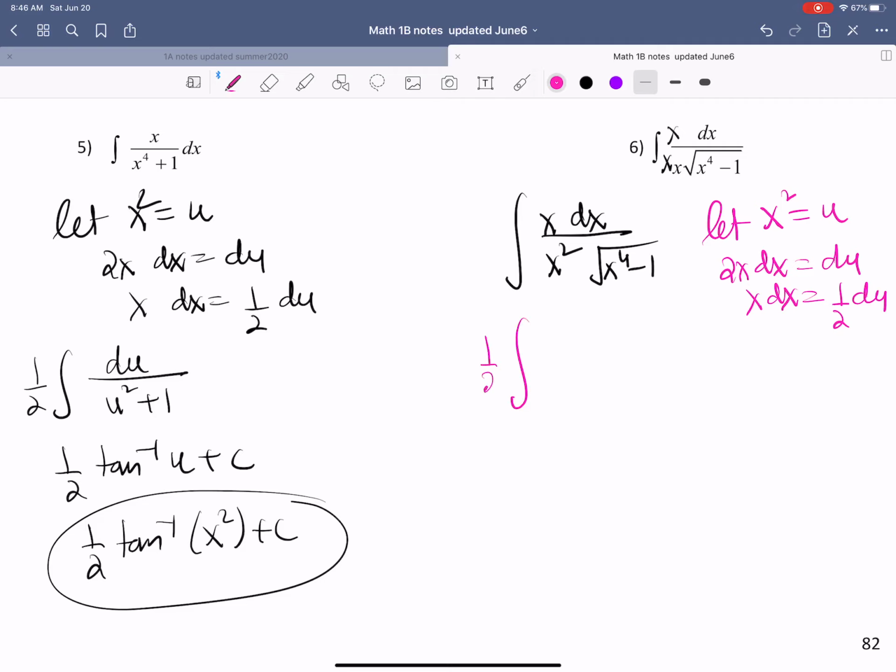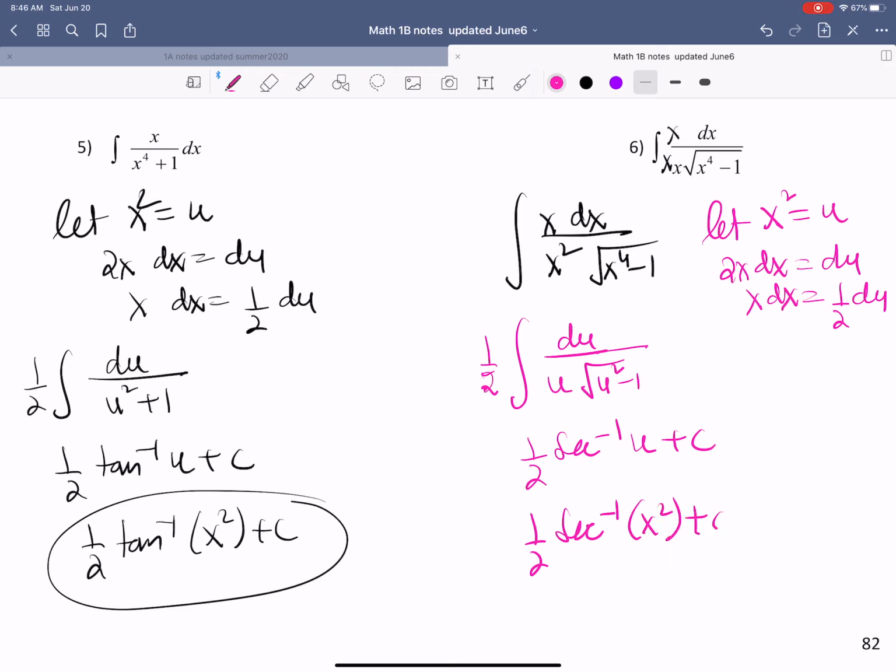So this is 1/2 du on the top. x squared is u, and then that would be u squared minus 1. Perfect. This turned into a secant inverse u plus c. 1/2 secant inverse u plus c. Now we do need to replace u by whatever it was in the beginning, x squared plus c.